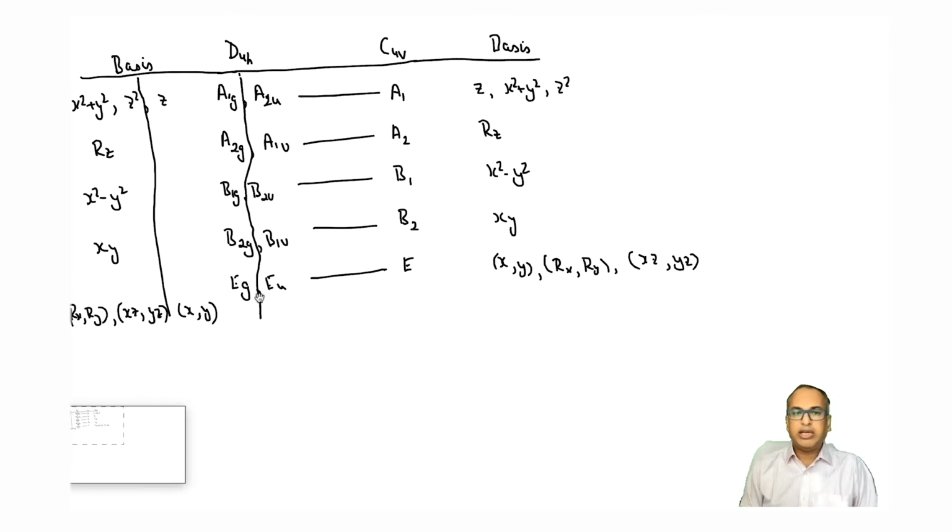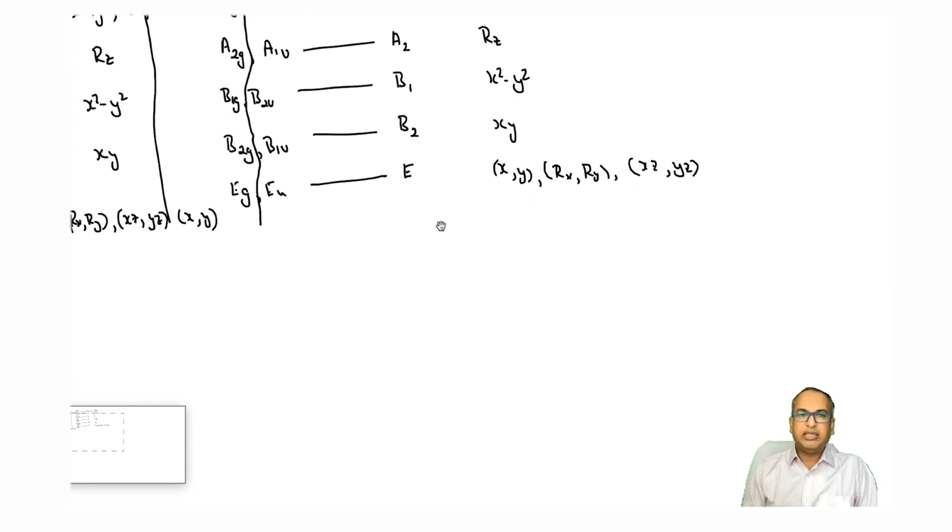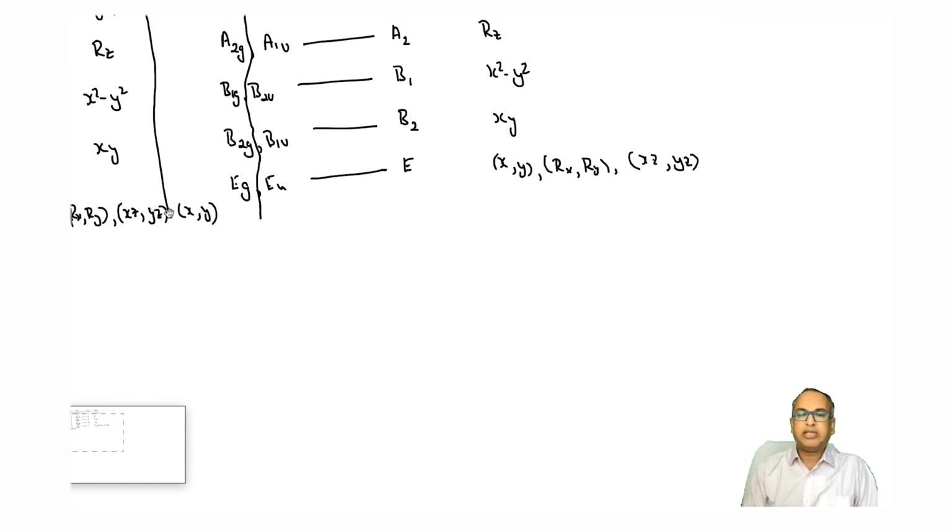So in many cases, you will see that. In this particular case, the EG representation and EU representations were correlated with E. So that means whatever degeneracy was present in D4H is still present in C4V point group, right? So degeneracy is not yet lifted, right? But what happens in certain cases, the degenerate representation of one group may become 2 or 3 distinguishable IR representations in a subgroup.